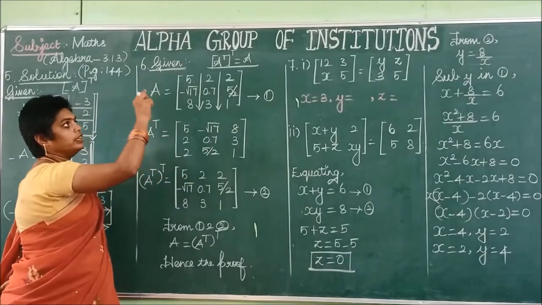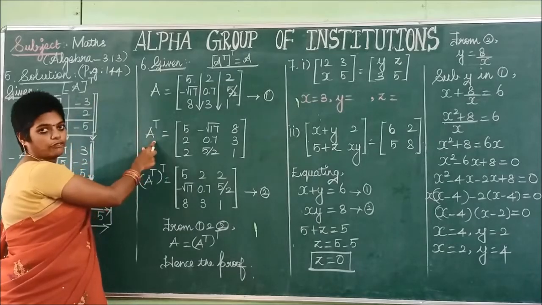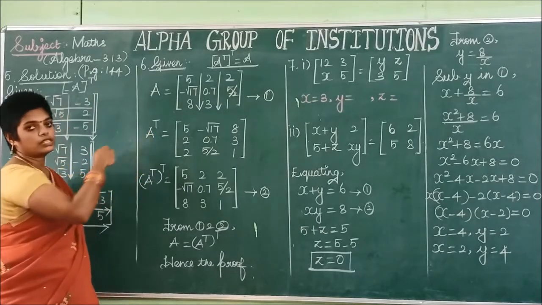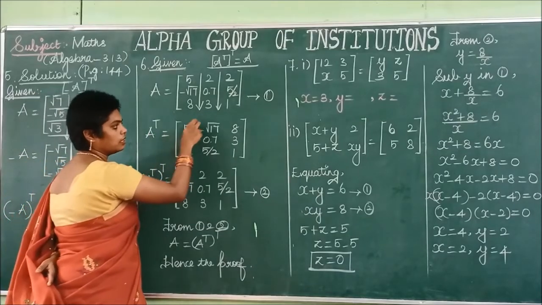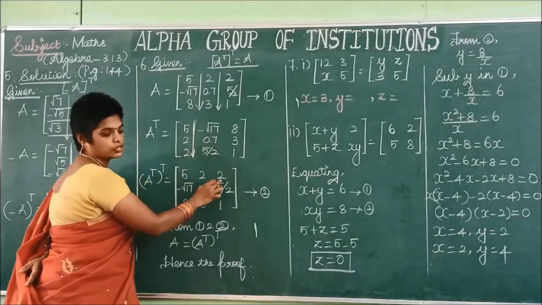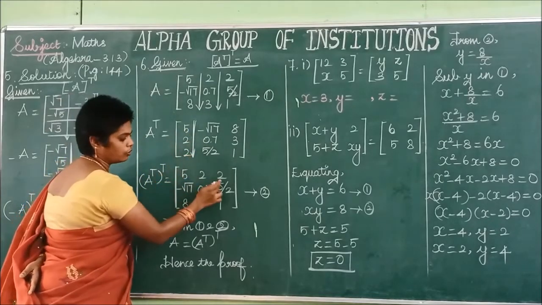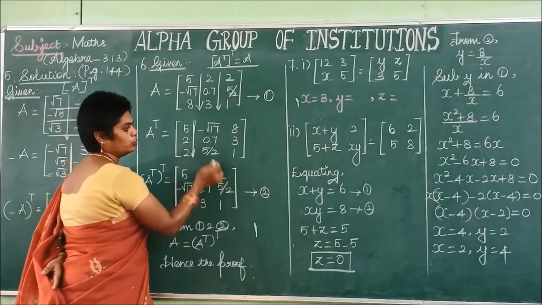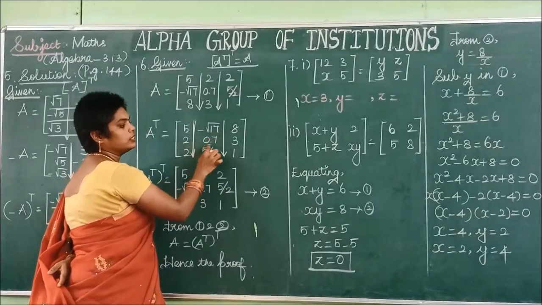Now you have to find A transpose the whole transpose. A transpose we have found out. Next, A transpose the whole transpose means in this also the columns change into rows. The first column is changed into the first row, 5, 2, 2. Then next this minus root 17, 0.75, 5 by 2.